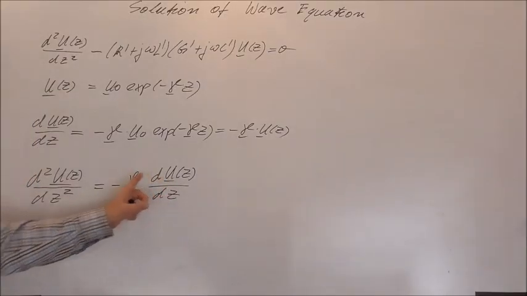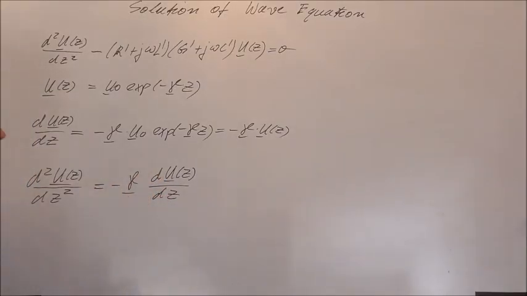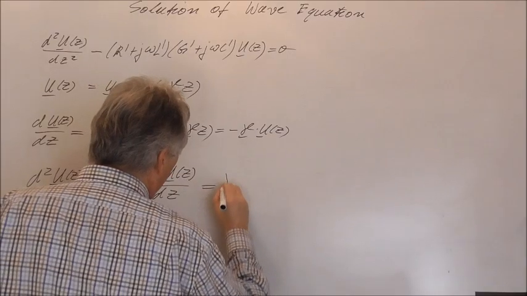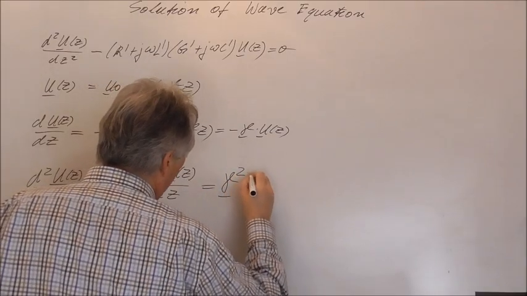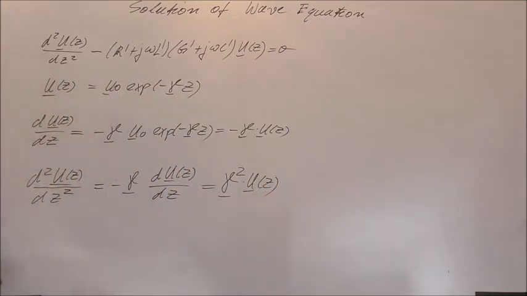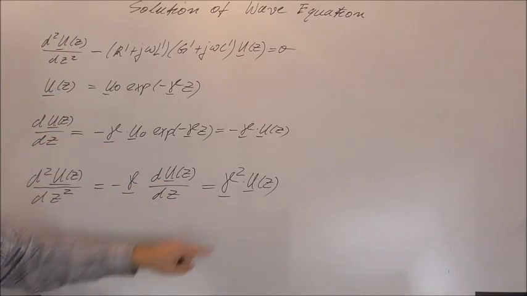And we already know that this goes over into a multiplication with minus gamma, so as a result we will get gamma squared times u of z. As a result, we can now substitute the second derivation of the function by this term.